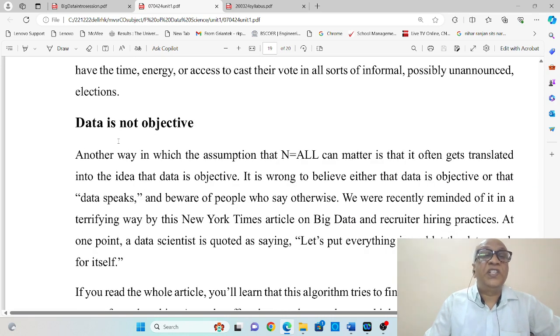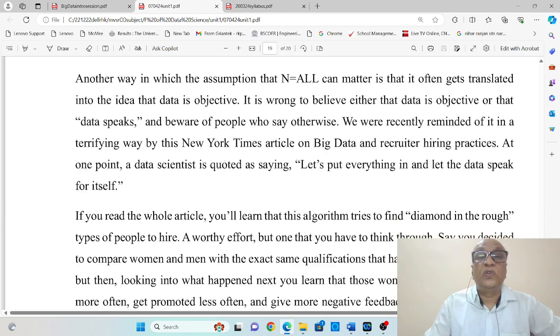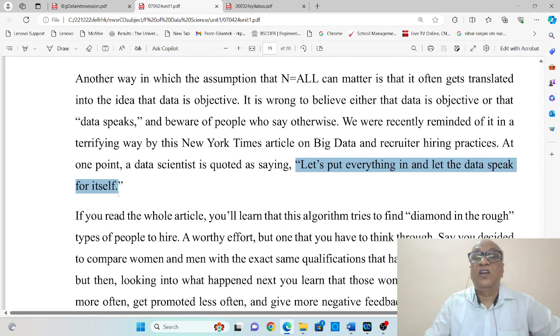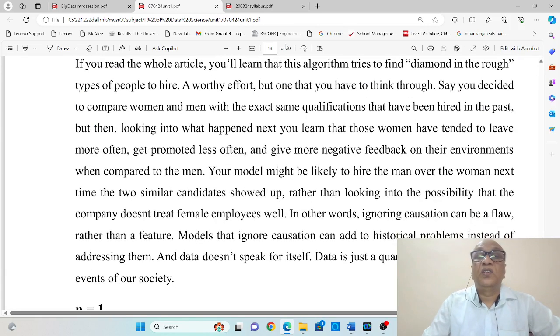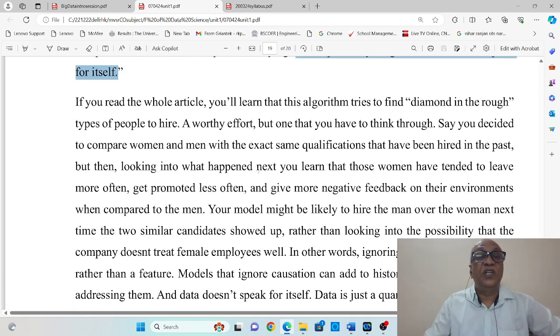The other aspect is that data is not objective. For example, nowadays a lot of us say that data speaks. Many of the data scientists say, let's put everything in and let the data speak for itself. But the impact can actually be the opposite of that.